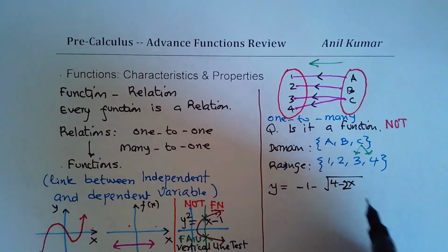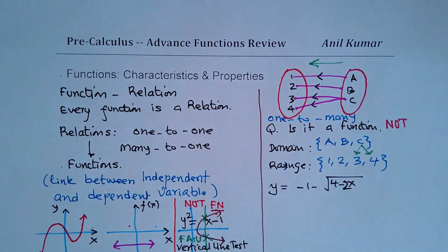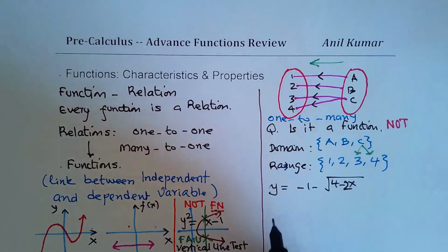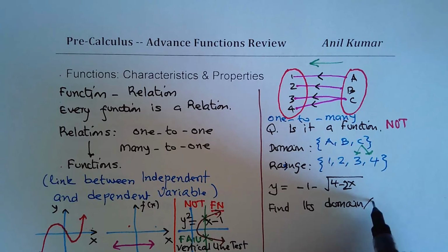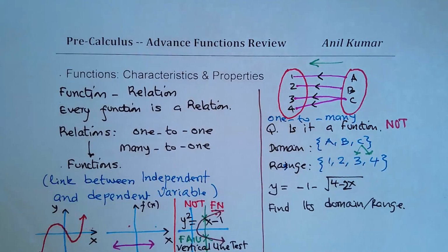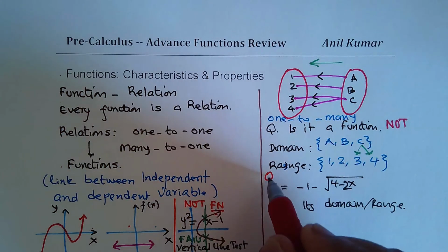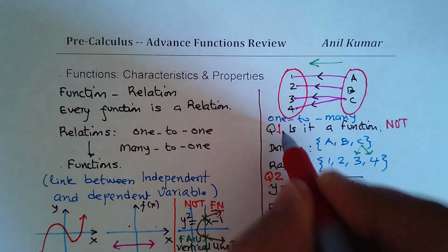Now it becomes a real good question. Now the question for you is find its domain and range. Right? So that is your second question. That was question number 1.